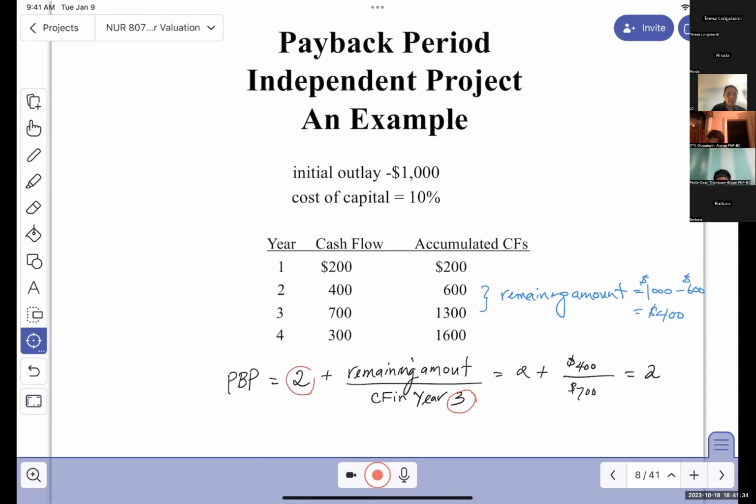I know it's confusing, but I'm trying to say it happens in there somewhere, and I don't know what symbol to use. So the remaining amount is between 0.5 and 0.57, so it's going to be 2.57.